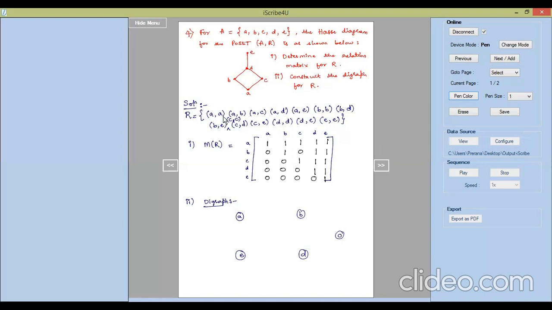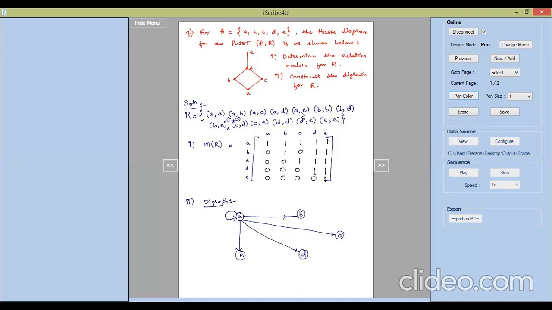A comma A. This represents a loop. Here in the diagram, we have to draw a loop. In the Hasse diagram, we are avoiding it. Okay. Then we have AB, AC, AD, AE. So I'll draw the edges. AB, AC, AD, AE.